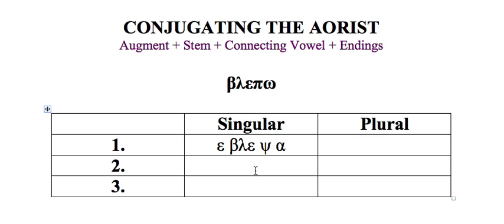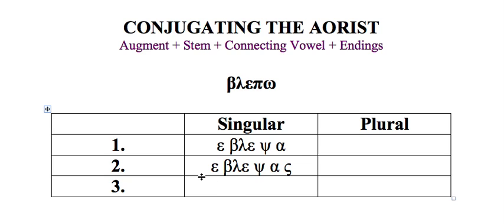Coming down to the second singular, augment, blep for the stem, sigma for the aorist, alpha for our connecting vowel, sigma for the ending. And again, P and sigma combine to form a psi.